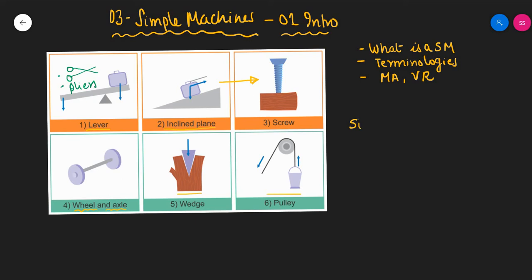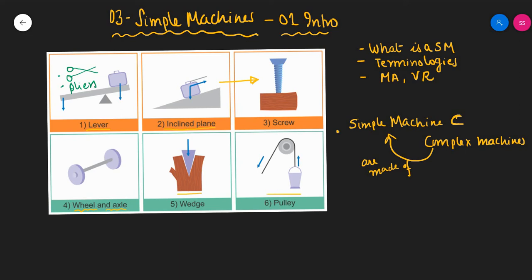A common definition for a simple machine would be that a simple machine is a subset of a complex machine, right? So all complex machines are made up of simple machines. So that is the first thing to keep in mind.